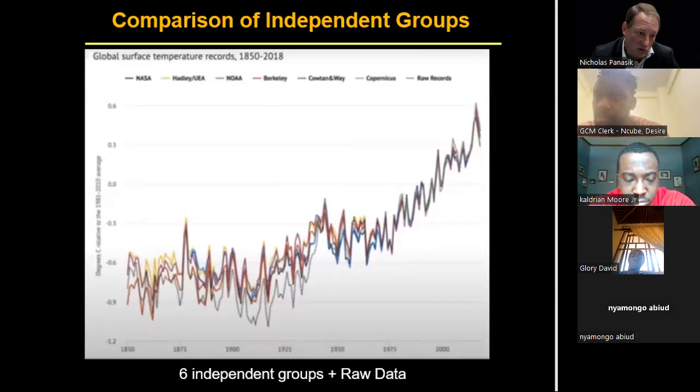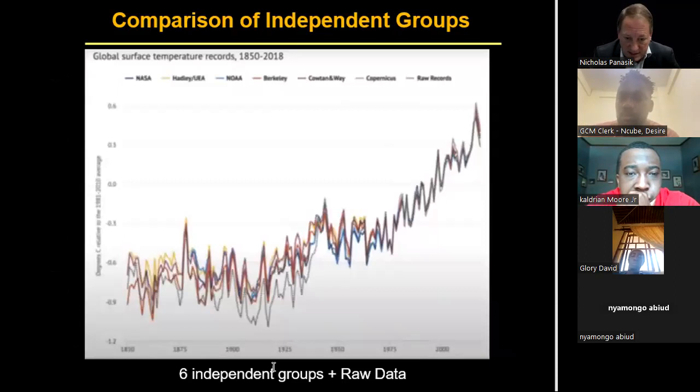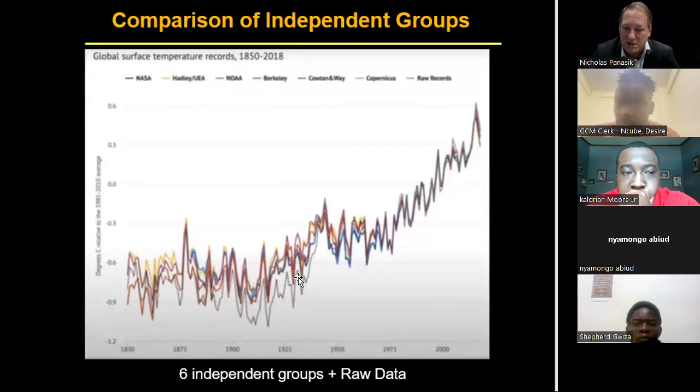And so, let's see. The other thing, besides the adjustments tending to agree, is that all those scientists publish the raw data and they publish their adjustment algorithms. And that's not all. If you go back to this, in the dotted line here, I actually have the raw data as well, before any kind of adjustments.